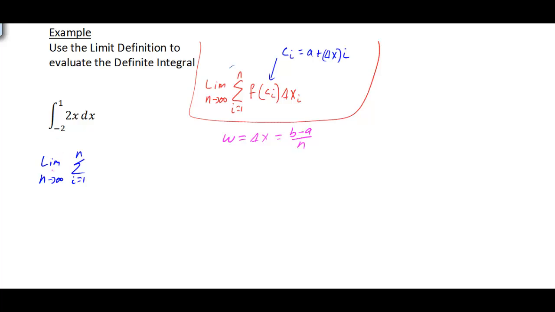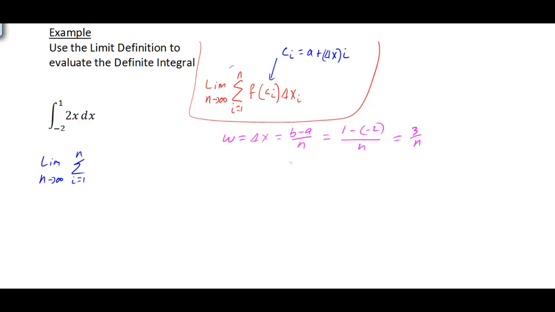So in this case, we're going from -2 to 1. So that means we would have 1 minus -2, because 1 is the upper limit, the -2 is the lower limit, over n. So we end up with 3 over n. Two negatives make it positive, so we get 3 over n.